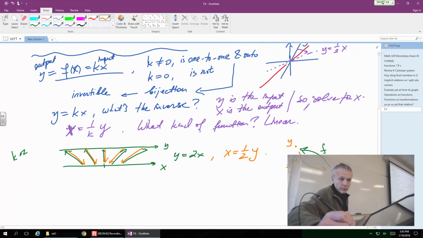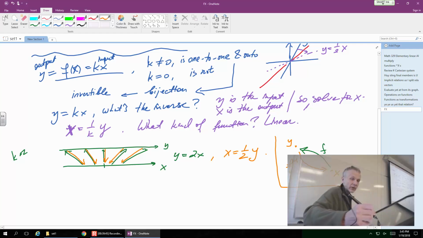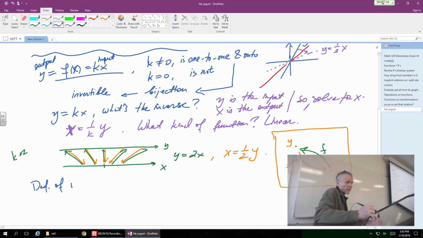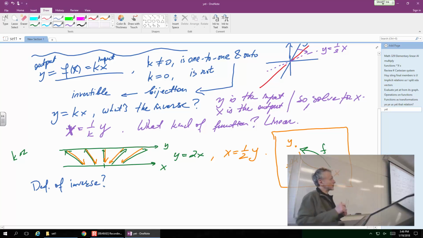I just want a slightly more precise description of this. How do we describe this? If you remember the definition of inverse. Diagrammatically it is described on the right, but what is the actual definition of the inverse?